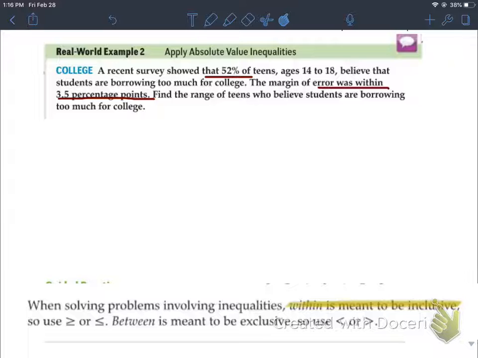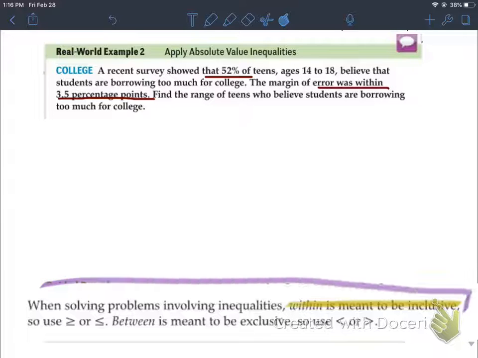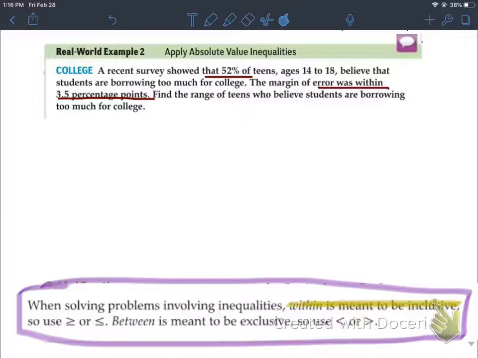So below here, I copied this from our notes from yesterday. This was right above example 3 that said, when solving problems involving inequalities, the word within is meant to be inclusive, so we're going to use a less than or equal to, or a greater than or equal to. The word between means it is exclusive, so we're going to just use less than or greater than.